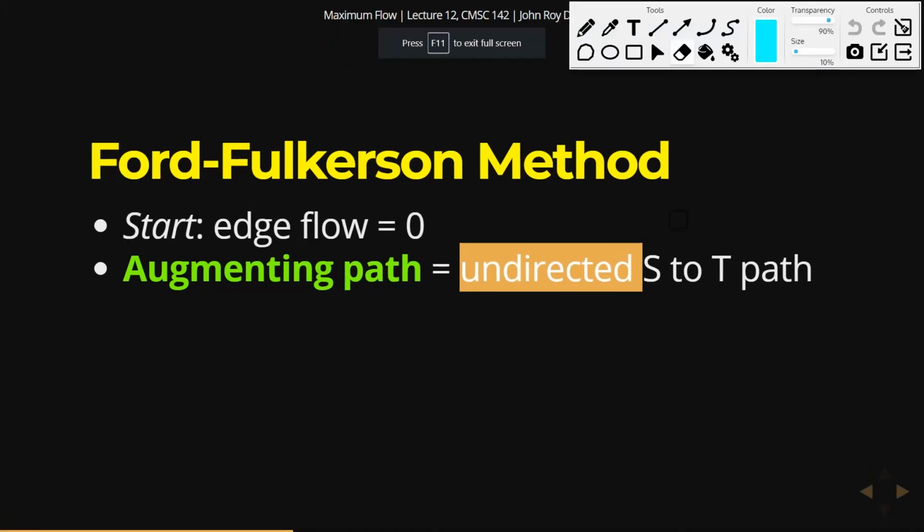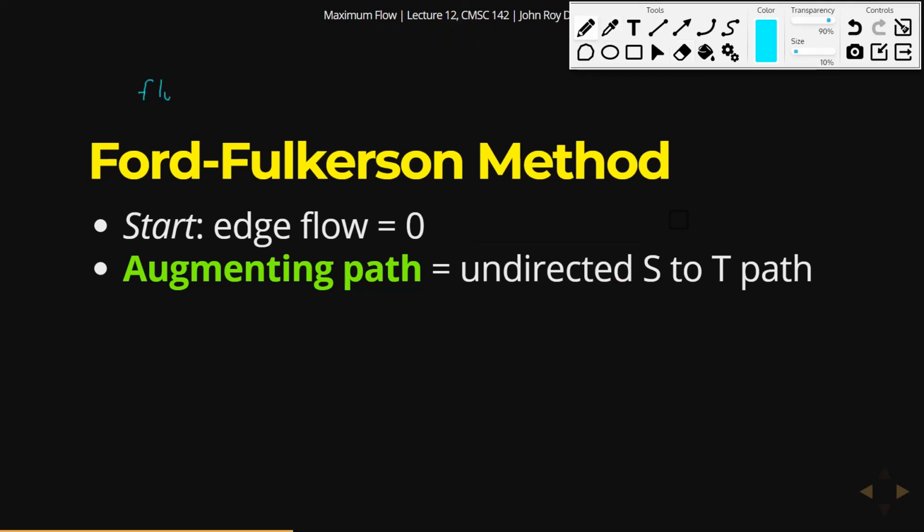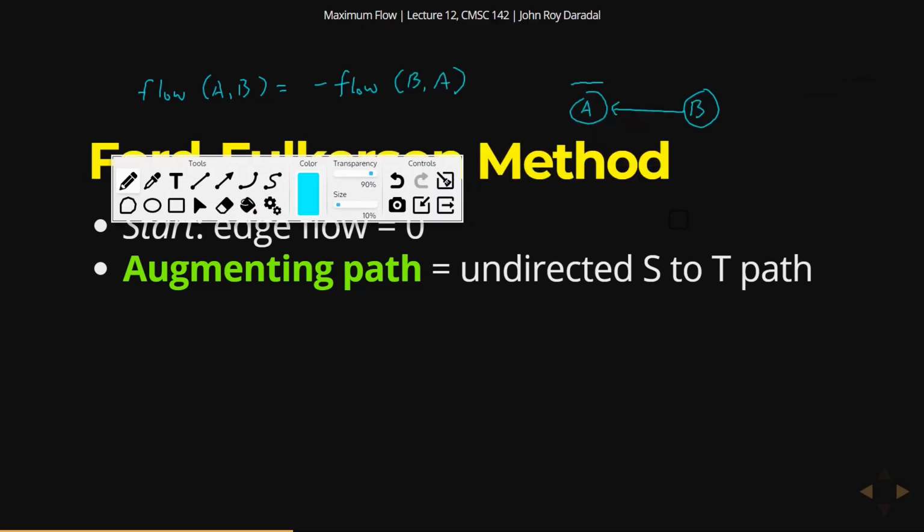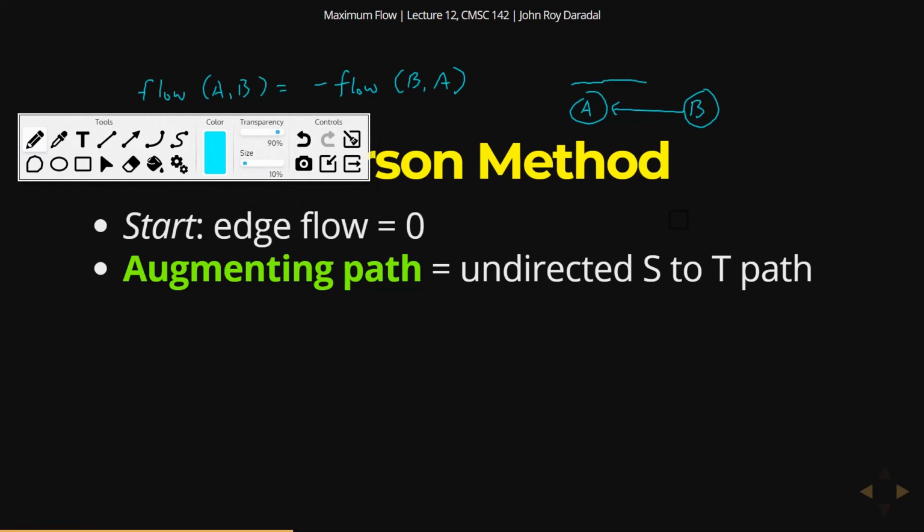I'll write it down. The flow of AB is equal to negative flow of BA. So even if it's like this, you can still send a flow from A going to B, because it's undirected.